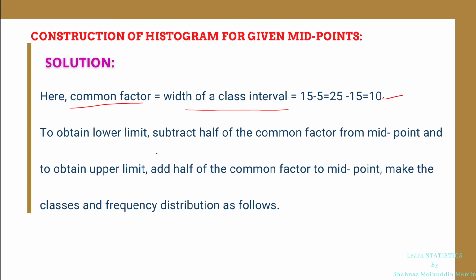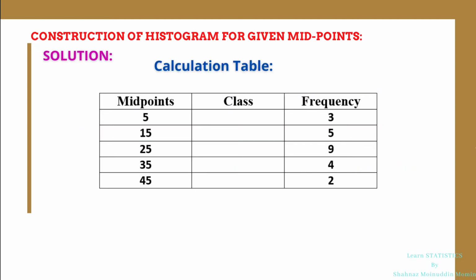To obtain the lower limit, subtract half of the common factor from the midpoint, and to obtain the upper limit, add half of the common factor to the midpoint to make the classes and frequency distribution as follows. We will consider the calculation table.